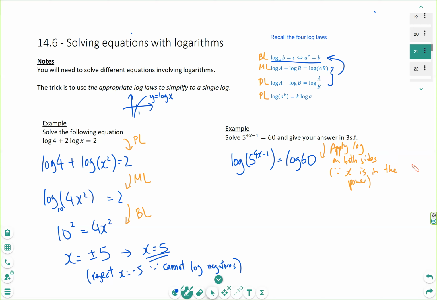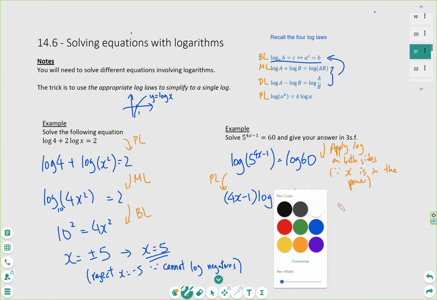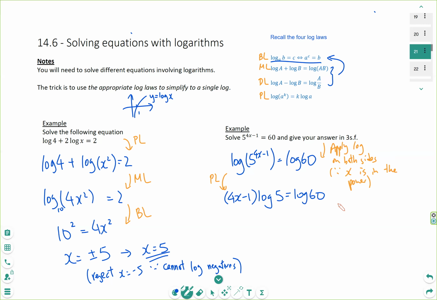So what can we do next? Why do we use log? Because we can use the power law. So we can now bring the 4x minus 1 down: 4x minus 1 times log 5 equals log 60. What we've done here is use the power law. Next, to make x the subject, we can divide by log 5 across, so log 60 over log 5, and then plus 1.